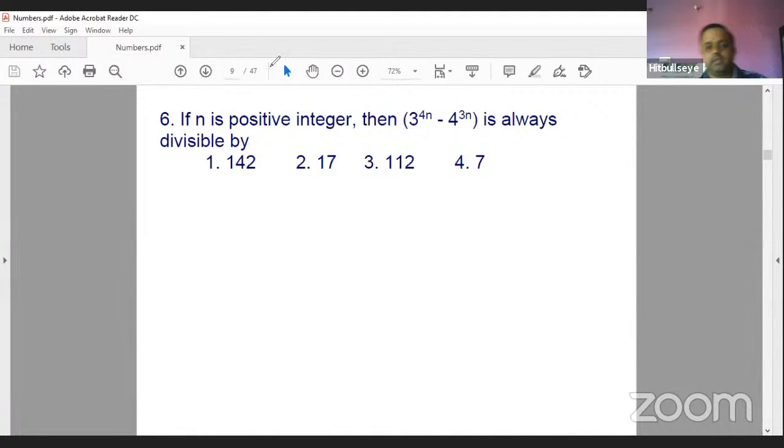N is a positive integer, then 3 raised to power 4n minus 4 raised to power 3n is always divisible by which among the following given options?